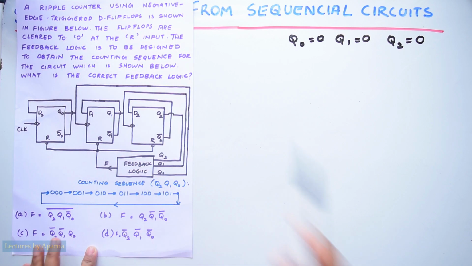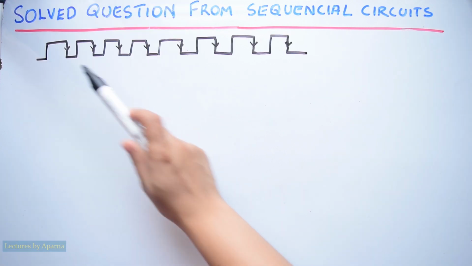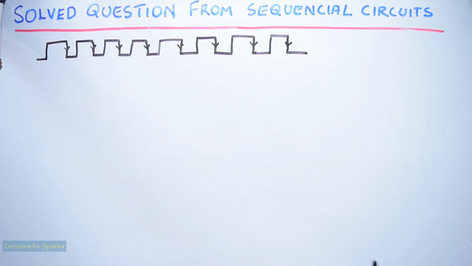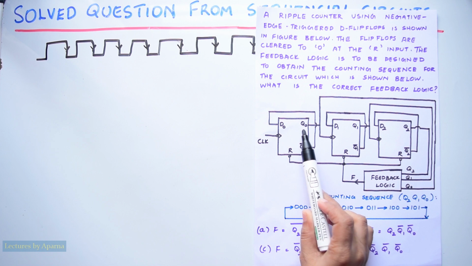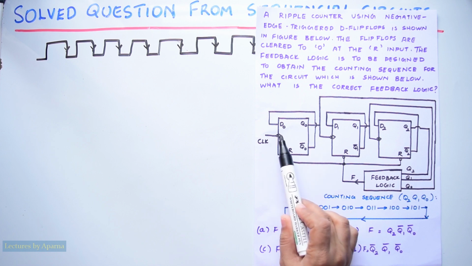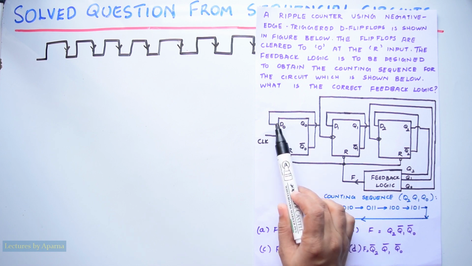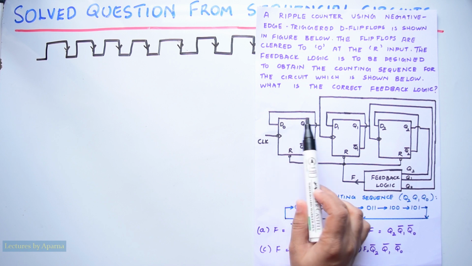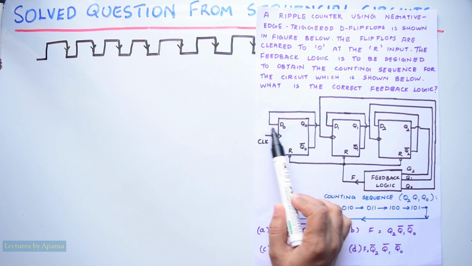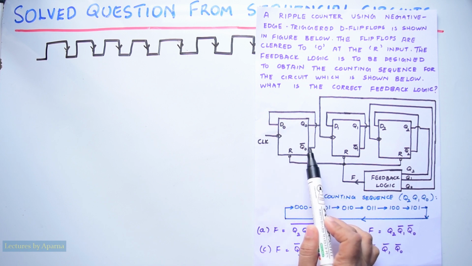So let us draw the clock signal first. These are the negative edges of the clock signal. Now for Q0, when the negative edge of the clock pulse comes, whatever input is present at D0 will appear at Q0. D0 is connected to Q0 bar.